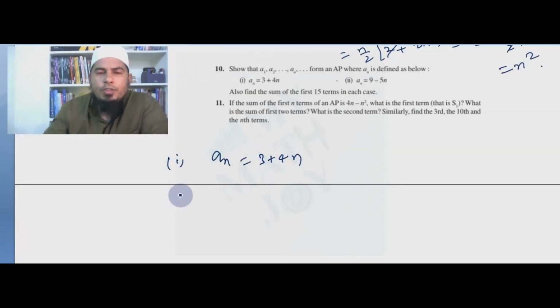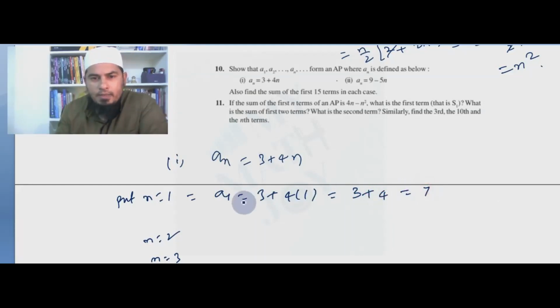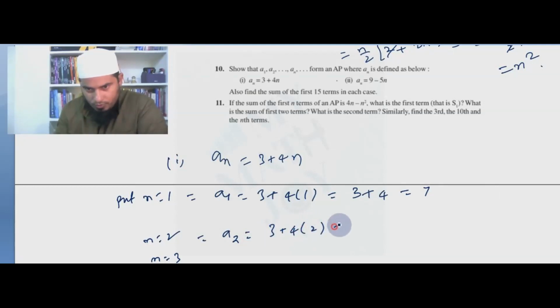So what you'll do here is put n is equal to 1, n is equal to 2, and n is equal to 3. When we put this, what happens? A1 will be 3 plus 4 times 1 is equal to 3 plus 4 equal to 7. A2, 3 plus 4 times 2 is equal to 3 plus 8 equals 11. A3, okay.